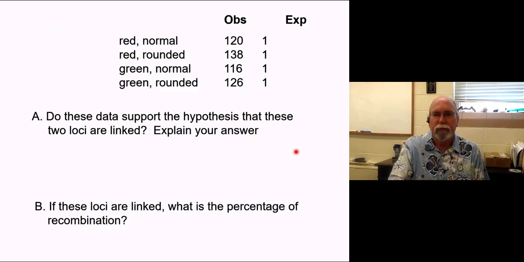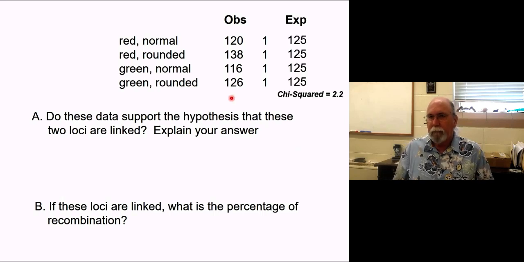The original questions were, based on these data, is there evidence for linkage? Well, what is evidence for linkage? Evidence for linkage is a violation of Mendel's second principle, right? Mendel's second principle says I have about 1/4 be red normal, 1/4 be red round, 1/4 this, 1/4 this. So 1/4 all the way down, okay?